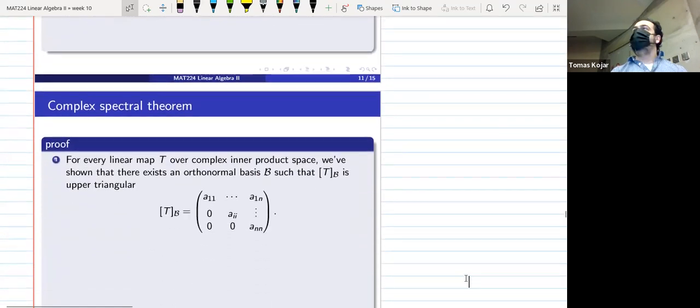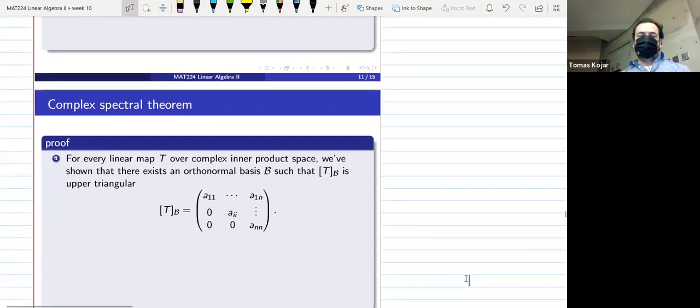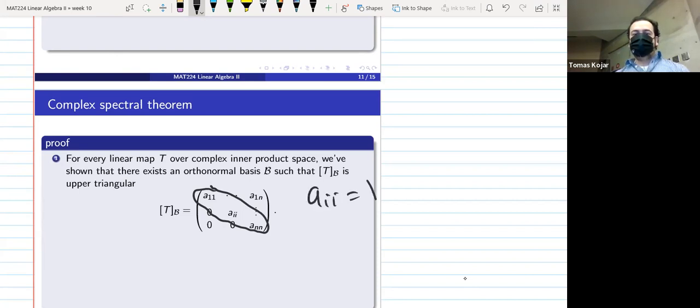Remember, we proved this? Can somebody tell me what the diagonals were? They were just the eigenvalues of T. So a_ii was equal to lambda_i. We proved that Tuesday.